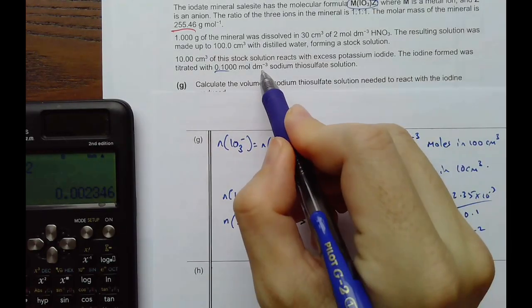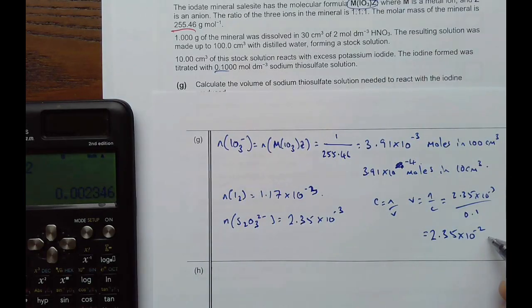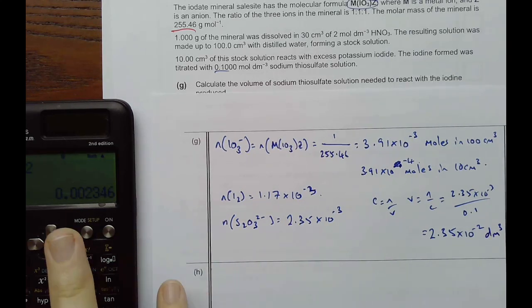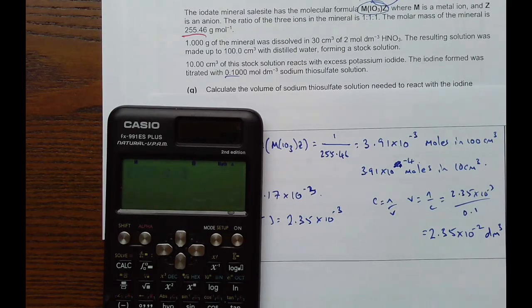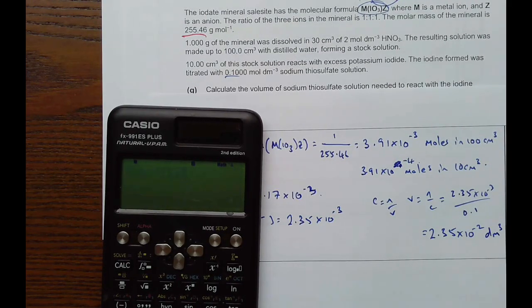Concentration is in decimeters cubed, so that would be decimeters cubed, which is not a great unit to have, but it's basically a litre. So I just times by 1,000, and I should get a reasonable answer, 23.5 centimeters cubed.